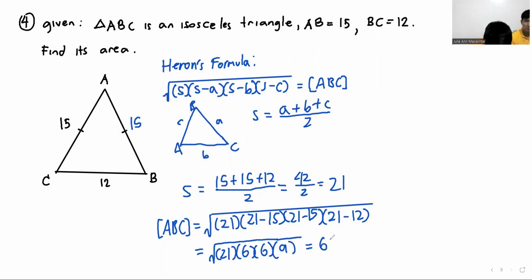So then it's just 21 times 9, the square root of which is 3 times the square root of 21. So the area is 18 square root of 21.